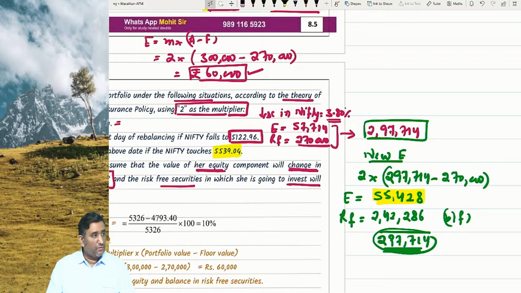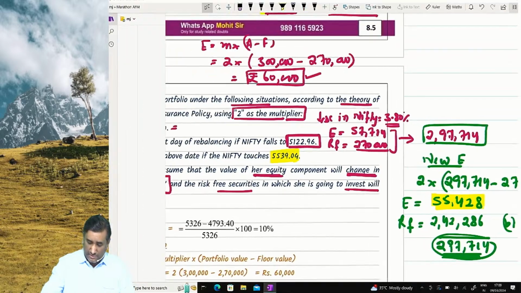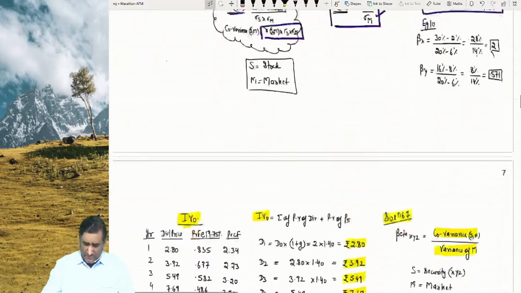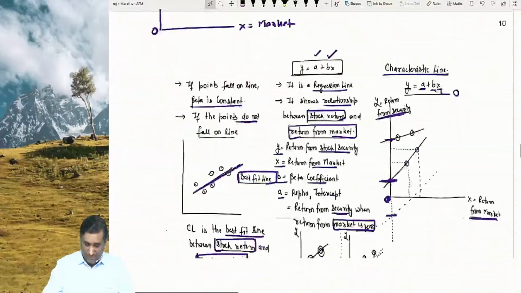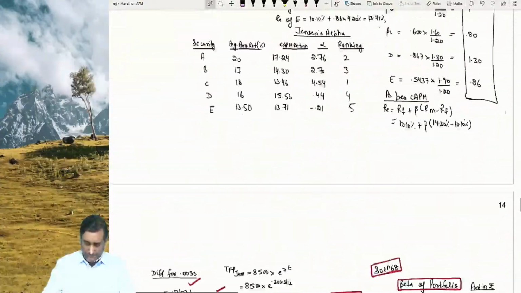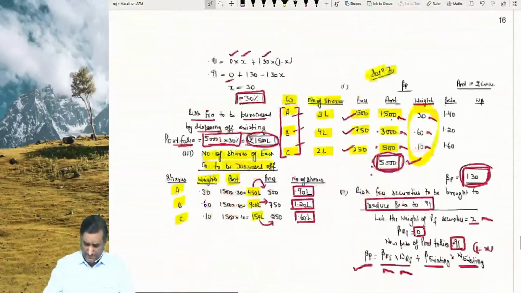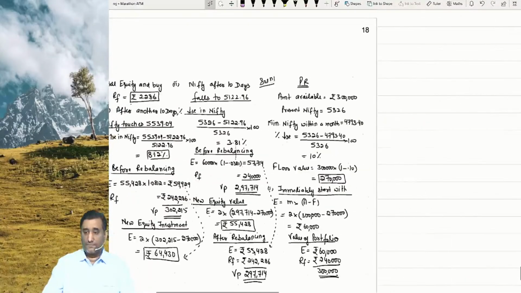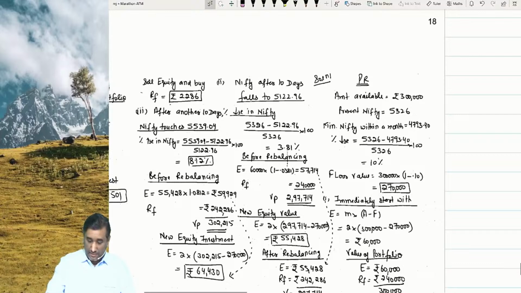Equity comes 64,430. Let me check out, please. This is solution number, actually.